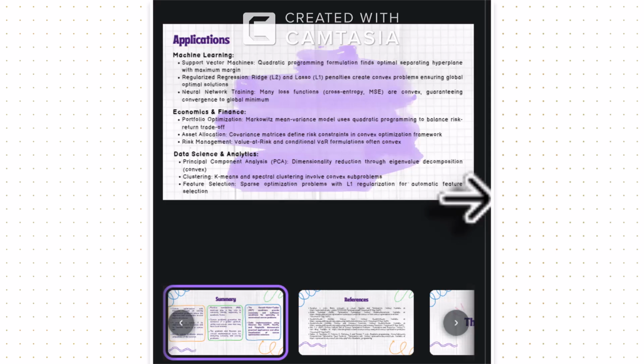Similarly, with regularized regression, ridge regression or L2 penalty adds a squared weights term to the loss function, making it strictly convex and ensuring a unique solution. And lasso regression, that is L1 penalty, promotes sparsity in coefficients, helping in feature selection while maintaining convexity.